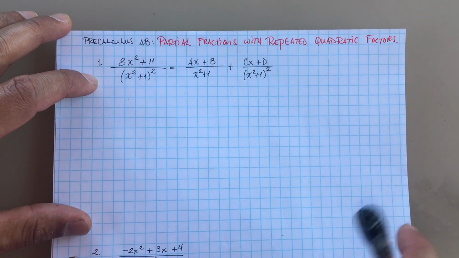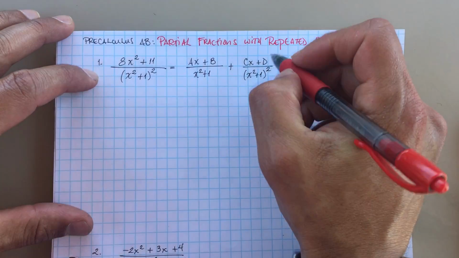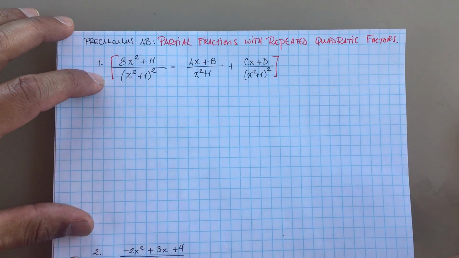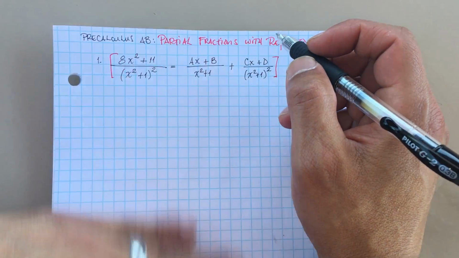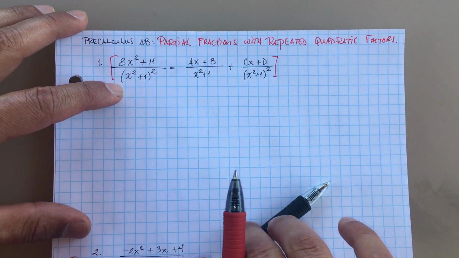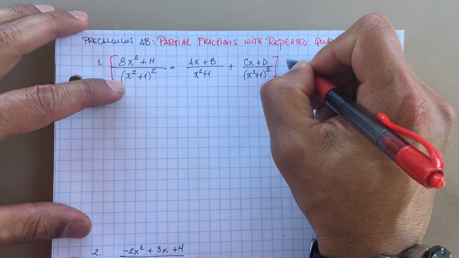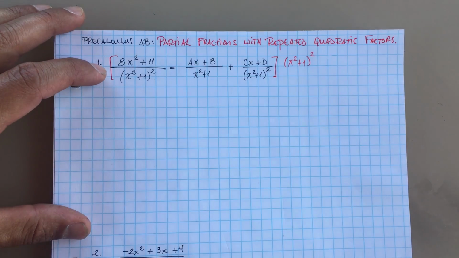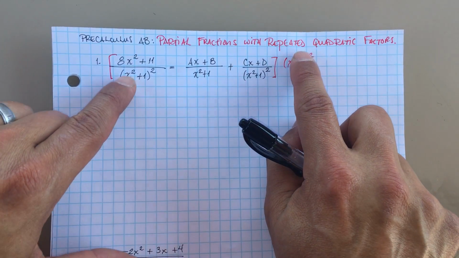Okay? And what we're going to go ahead and do is we're going to simplify it together, and then we're going to make a system of equations and be able to solve it. Okay? So if you notice, we're going to go ahead and multiply by the least common denominator. In this case, it's going to be x squared plus 1 to the second power. So knowing that, we're going to distribute. This guy cancels out.